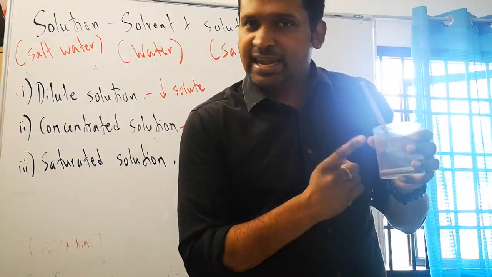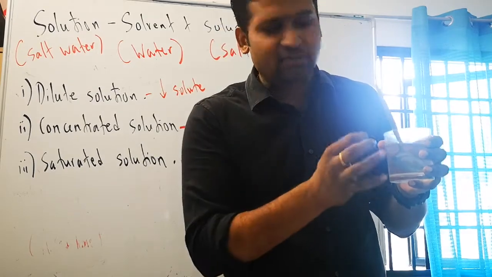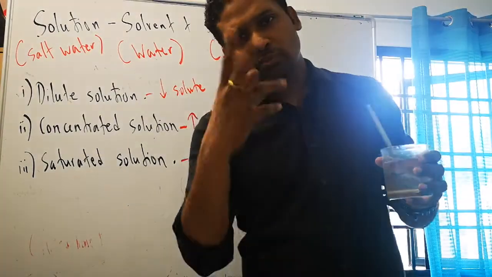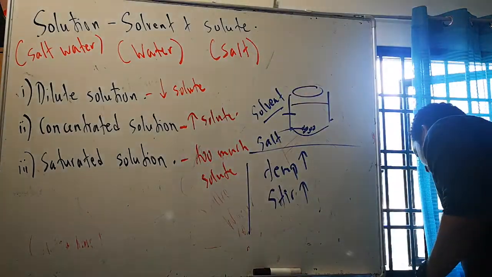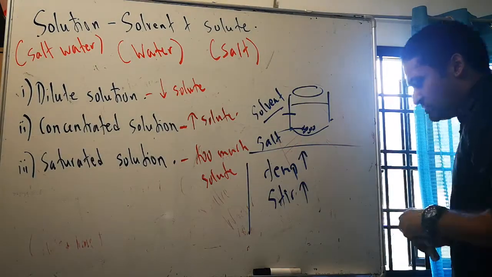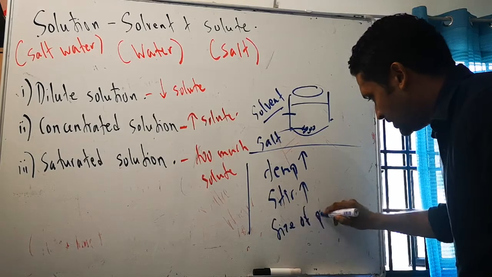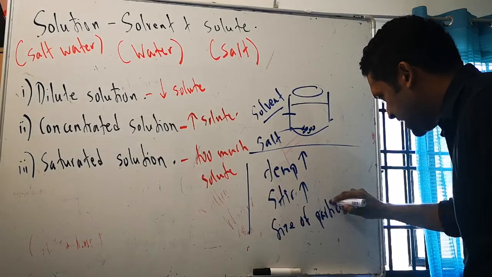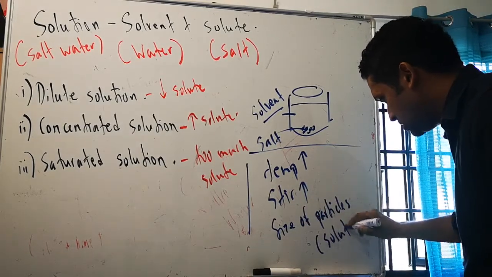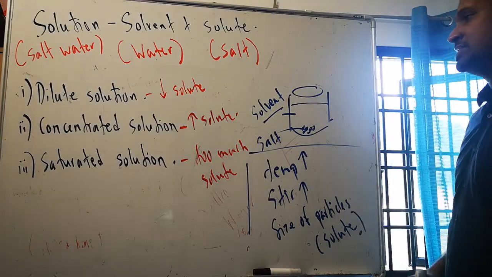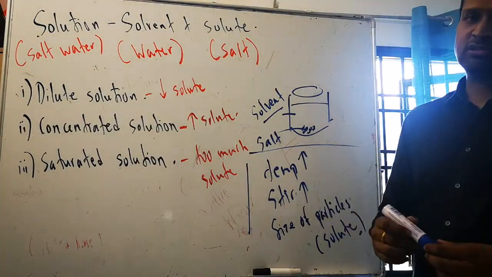The one using the simple grain salt dissolves faster. So one more thing that influences it, other than the temperature and the rate of stirring, is the size of the particles, that means the size of the solute. So these are the three factors that influence the rate of dissolving of substances.